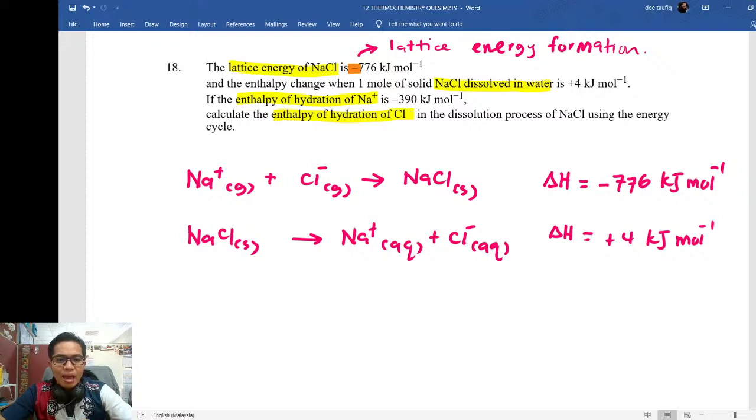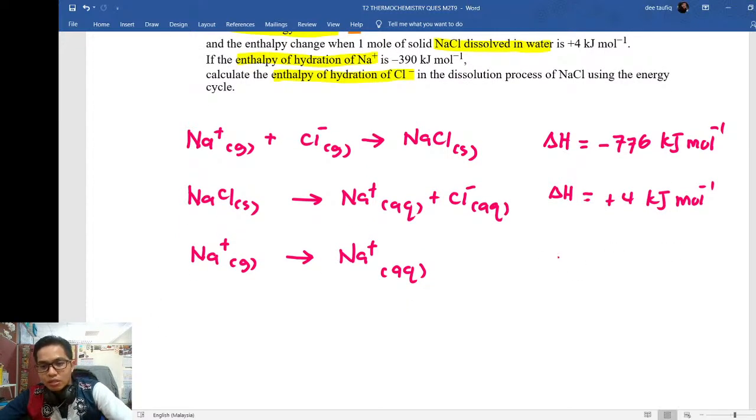The third one, enthalpy of hydration. So hydration meaning you start with gas ion, it will produce Na plus gas lagi aqueous. Okay. So start with gas ion, it will produce aqueous ion.